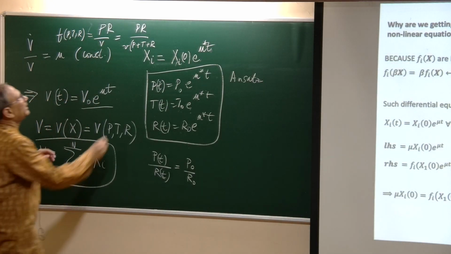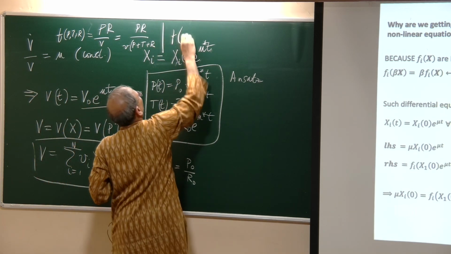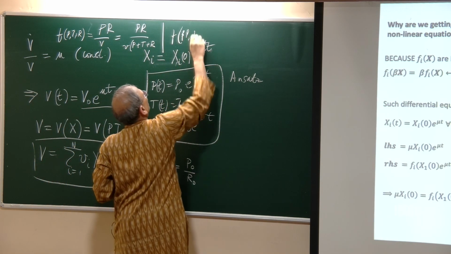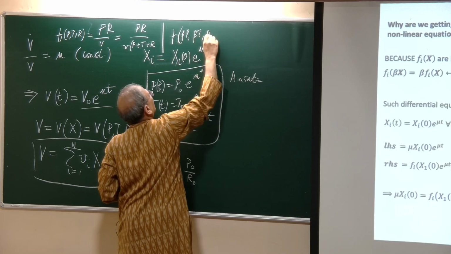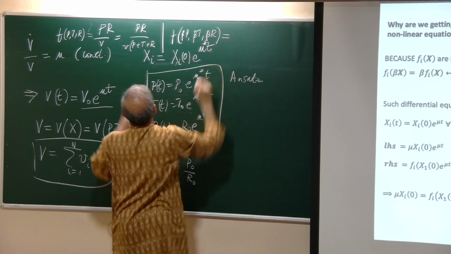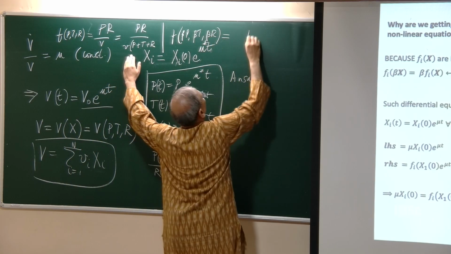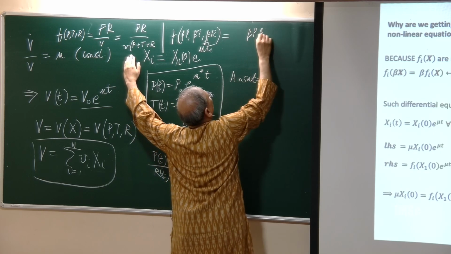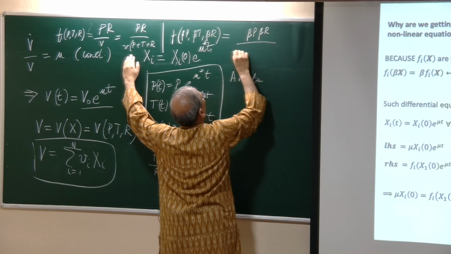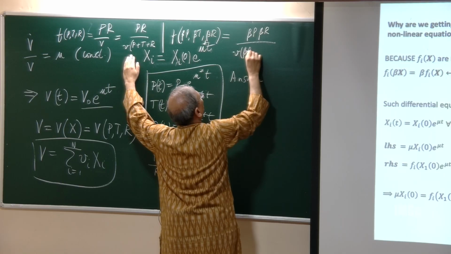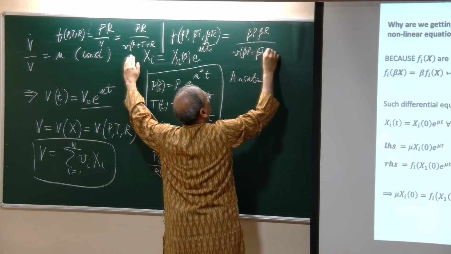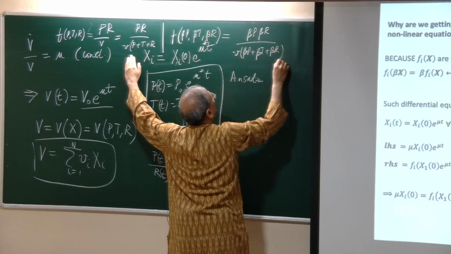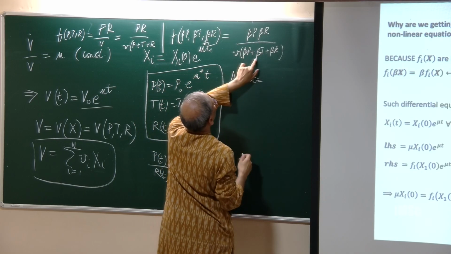Now let me consider f of beta P, beta T, beta R. This is beta P, beta R over V into beta P plus beta T plus beta R. And this is a beta which will come out.